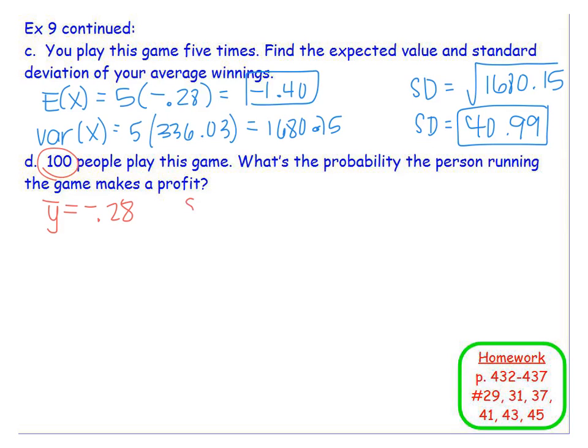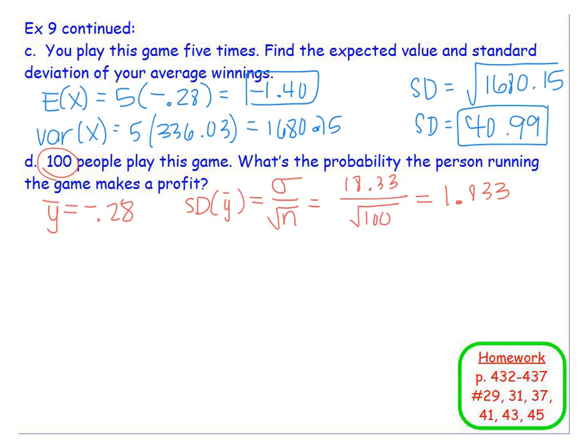The standard deviation for the sample is the population divided by the square root of n. So the population was originally 18.33, that's what we got from our table, divided by the square root of 100, and I end up with, it's actually a nice number, 1.833. Did you guys get that number as well?